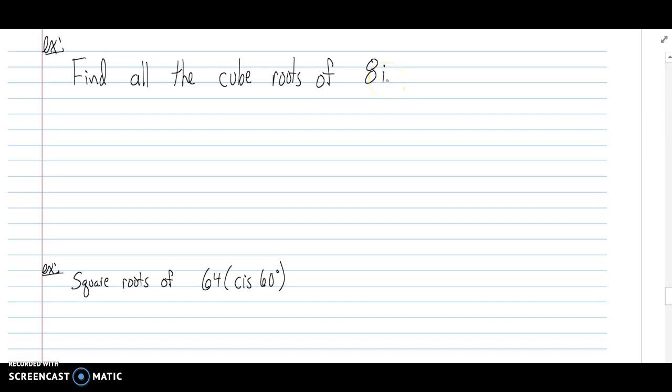First off, we're going to convert this into a trig number, and 8i goes straight up by 8. So its radius is 8, its angle is 90 degrees. So as a polar number, we have 8 cis 90 degrees. And we're finding all the cube roots of it. In other words, we're taking this to the 1/3 power.